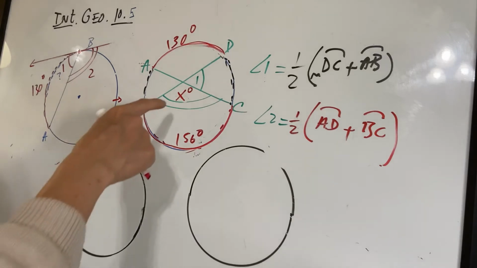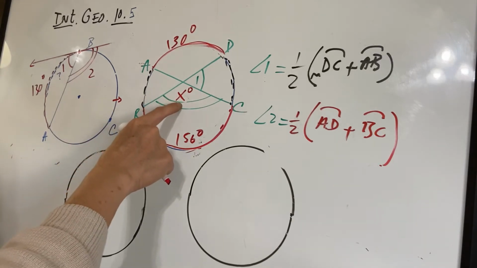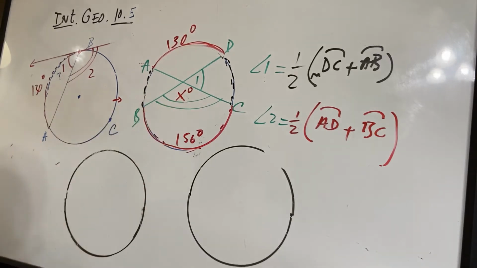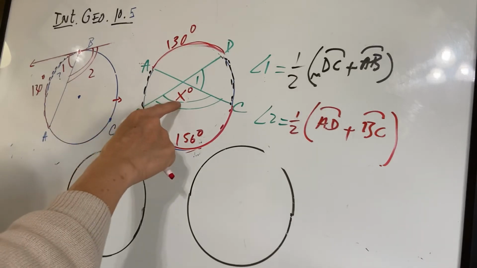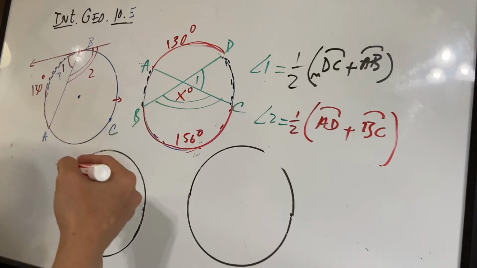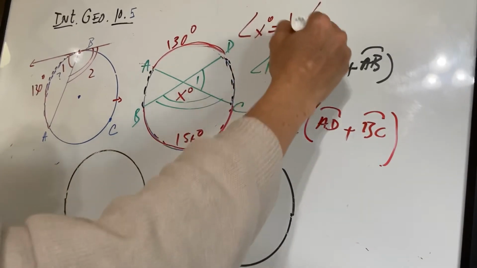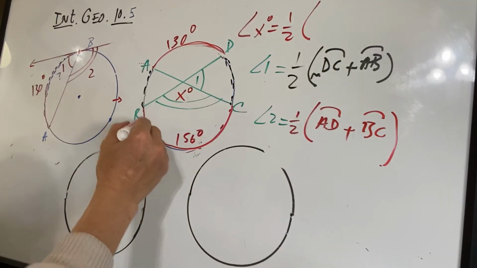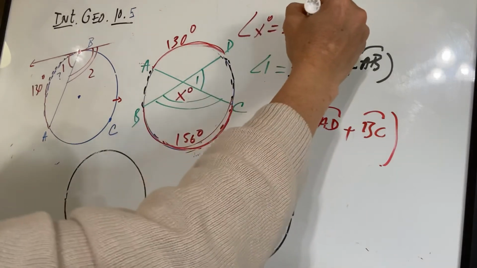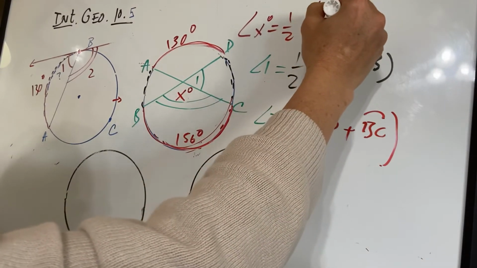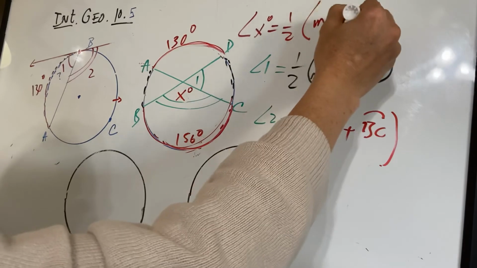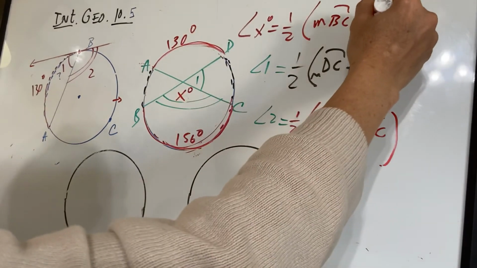Now, I'm working on example 2, just so you know. To find angle X, what do you do? Angle X equals 1/2 of what? There we go, 1/2 of the measure of intercepted arc BC added with the measure of arc AD.